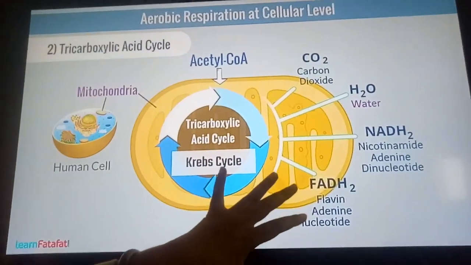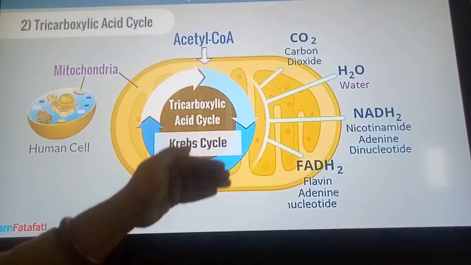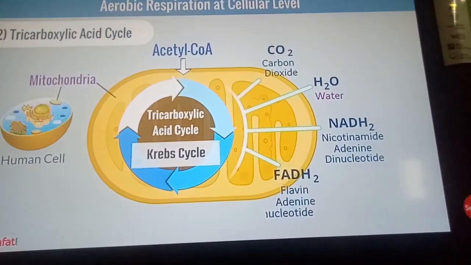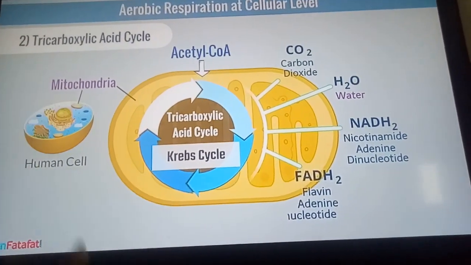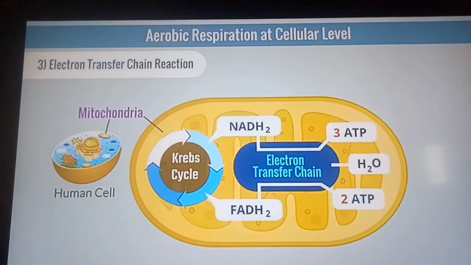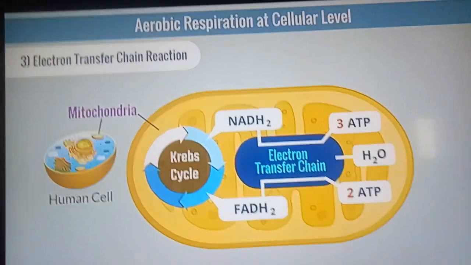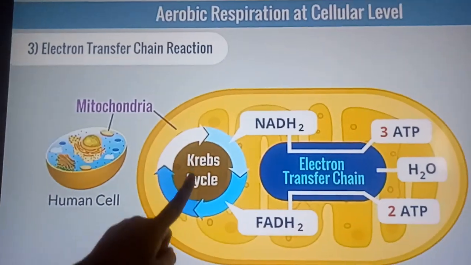What about ATP? These two, NADH2 and FADH2, will go through some further chemical reaction to produce the ATP molecule. That is the third step in aerobic respiration, called the electron transfer chain reaction. It comes after the Krebs cycle.